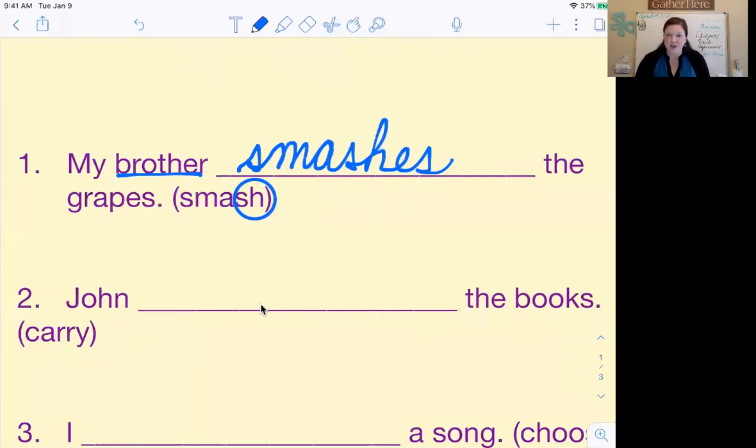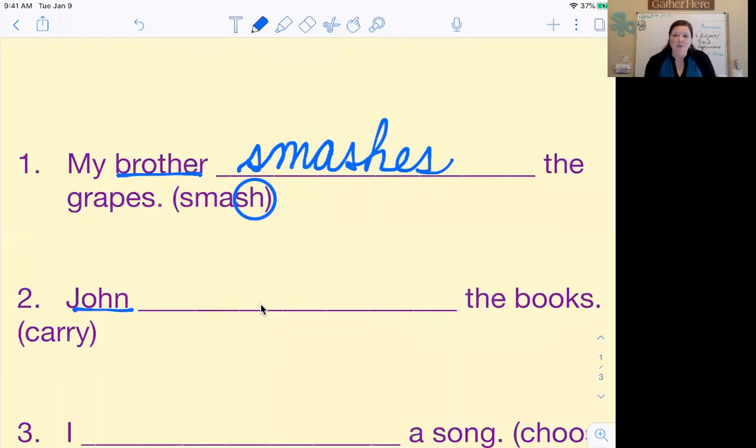John blank the books. Who or what is this entire sentence about? John. Is John singular or plural? Singular. There's only one. Since we have a singular subject, we must have a singular verb. Singular verbs end in S. But carry does not end with an S. It ends with a Y. We have a special rule for this.